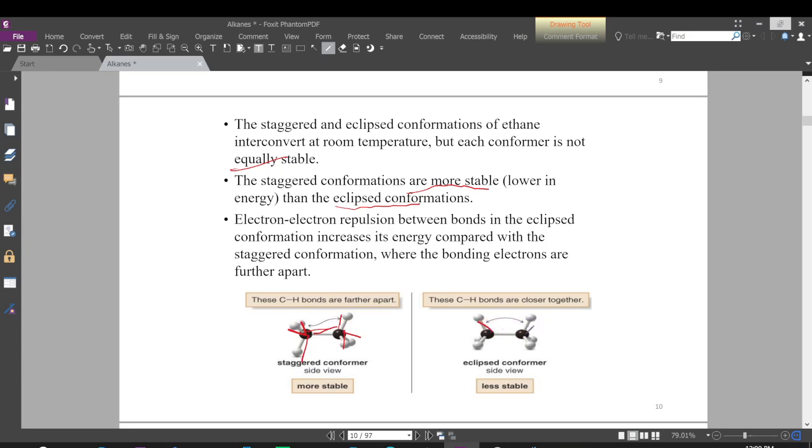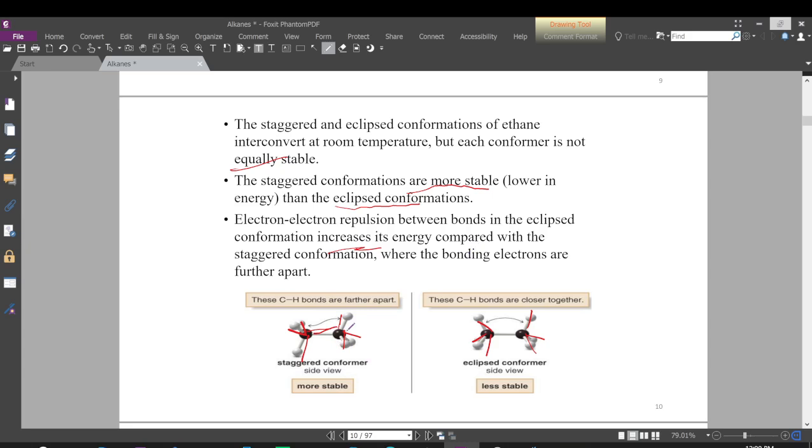So that's why the electron repulsion between bonds in the eclipsed conformation increases the energy compared to the staggered conformation. In the staggered conformation, the bonding electrons are further apart, so the electron repulsion is less and the energy is less.